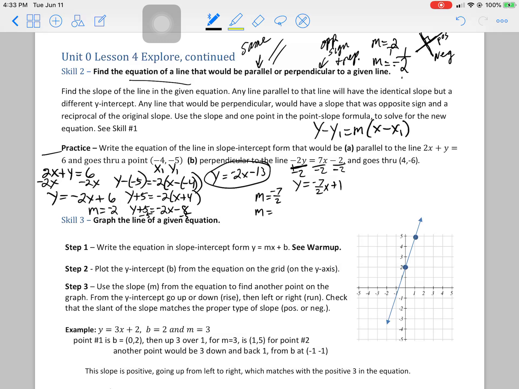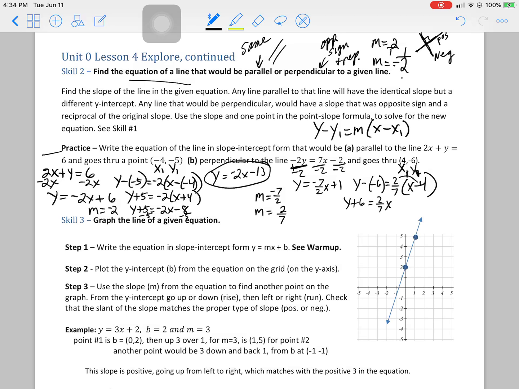A line that would be perpendicular to it would have a positive slope and a reciprocal. Okay, so we want a line that has a slope of 2 over 7 that goes through these points here. Oops, let's call that a y1 and x1. So y minus a negative 6 equals the slope that we want times x minus 4. Okay, so this is y plus 6 equals 2 over 7x.